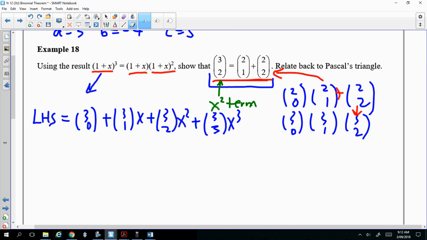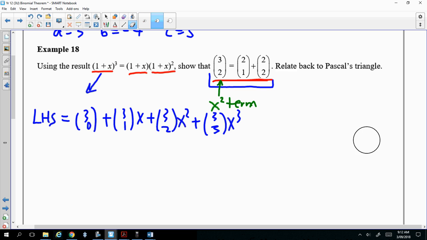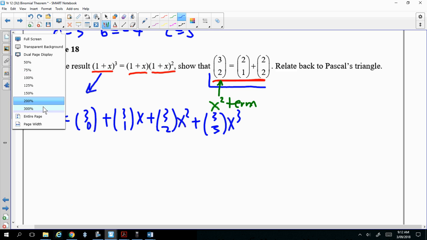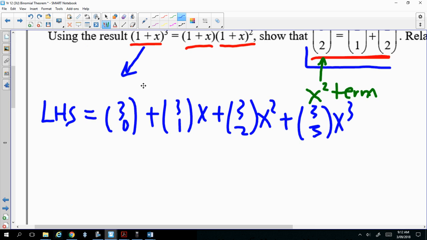Let me rub this off. Okay, good. All right, and then we're going to do the right-hand side. To do the right-hand side, we're going to write down the expansion. RHS equals (1 plus x) times (1 plus x) squared.